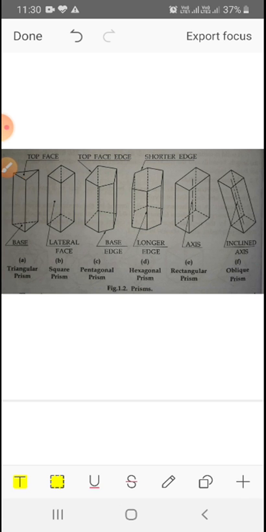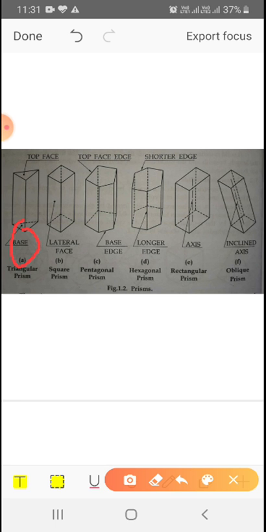In the triangular prism, we can observe the part that is the base. When the prism is placed on one of its end faces, the end face on which the prism rests is called the base. Normally this base rests on the HP, that is the horizontal plane.